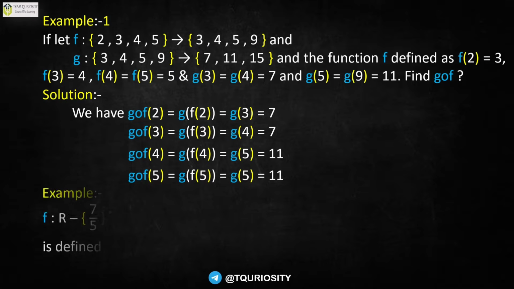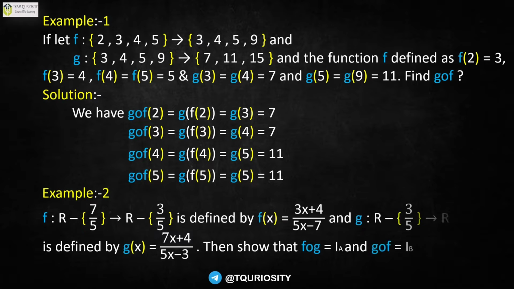Now come to the second example. f is a function from the set R minus 7 by 5 to the set R minus 3 by 5, which is defined by f of x is equal to (3x plus 4) by (5x minus 7). And g is a function from the set R minus 3 by 5 to the set R minus 7 by 5, which is defined by g of x is equal to (7x plus 4) by (5x minus 3).